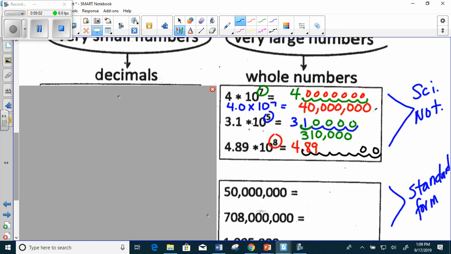Fill the rest in with zeros. And you should have 489 million. There you go. That's easy, right? So you're just taking the number, moving the decimal. That's the easiest way to do it. You know that the number is going to be larger because you're multiplying by a positive power of 10.